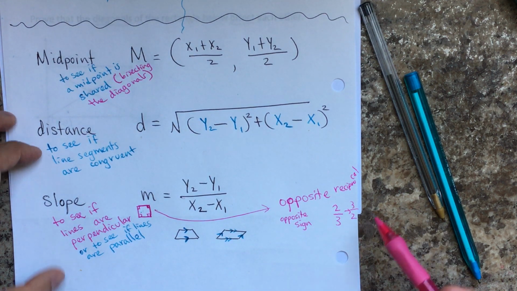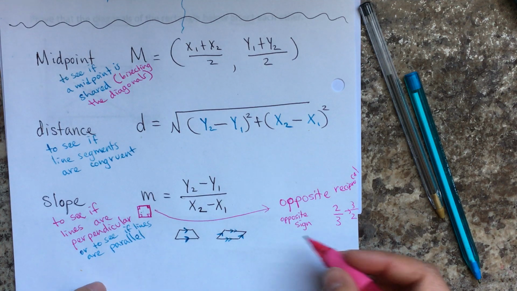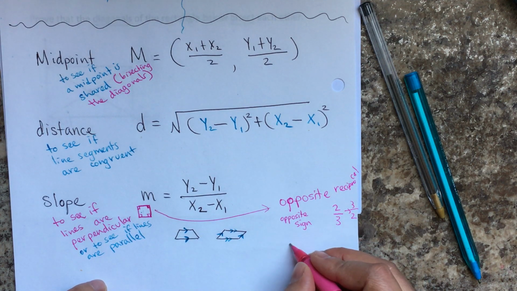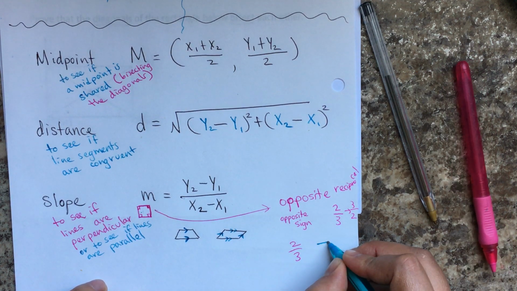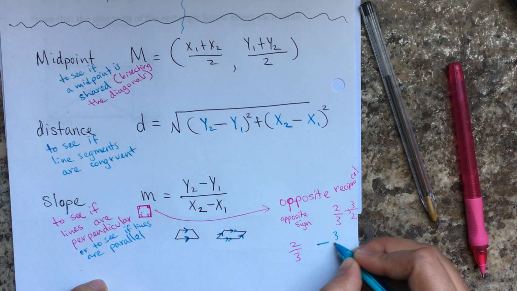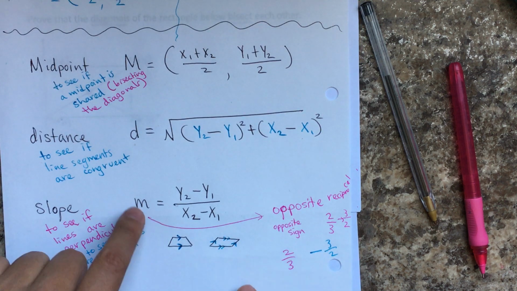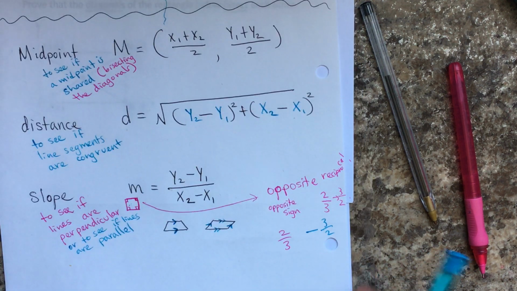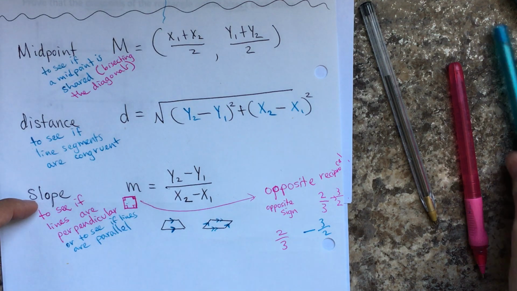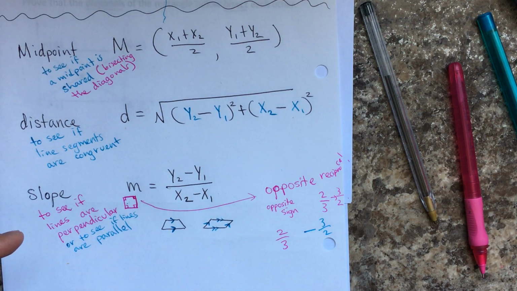Okay, so basically, if one line has a slope of 2/3 and the other one has -3/2, then that means that they form 90-degree angles.